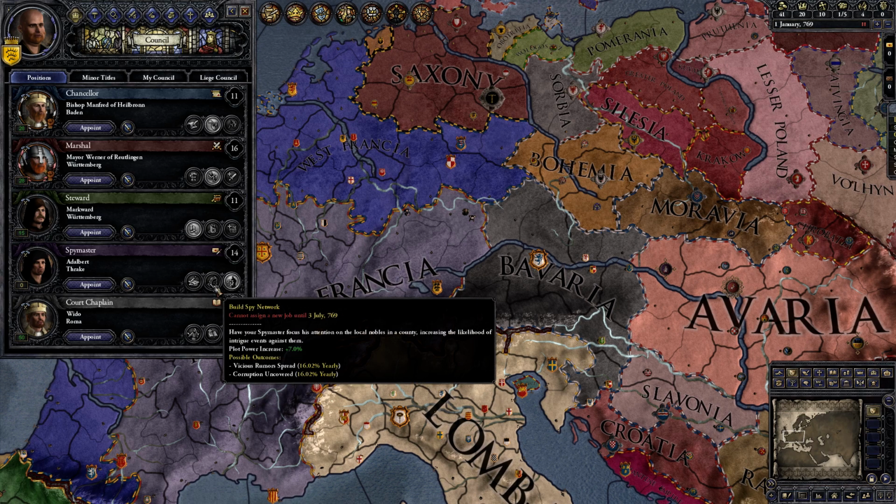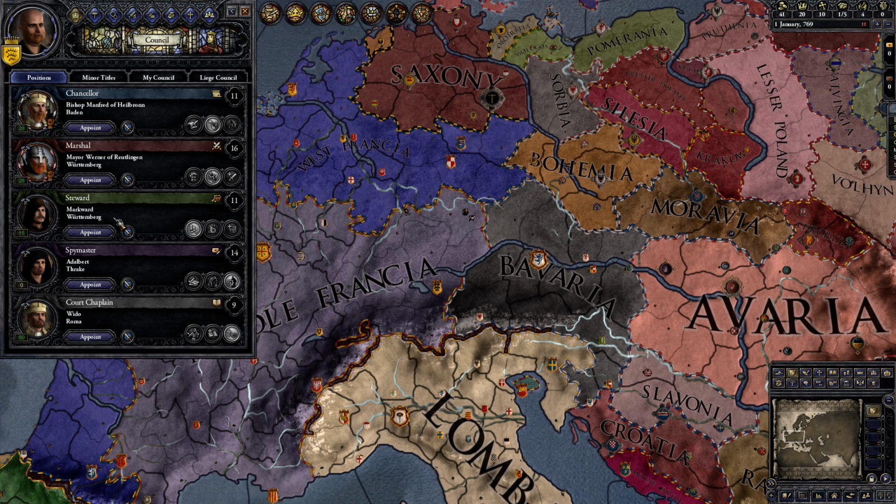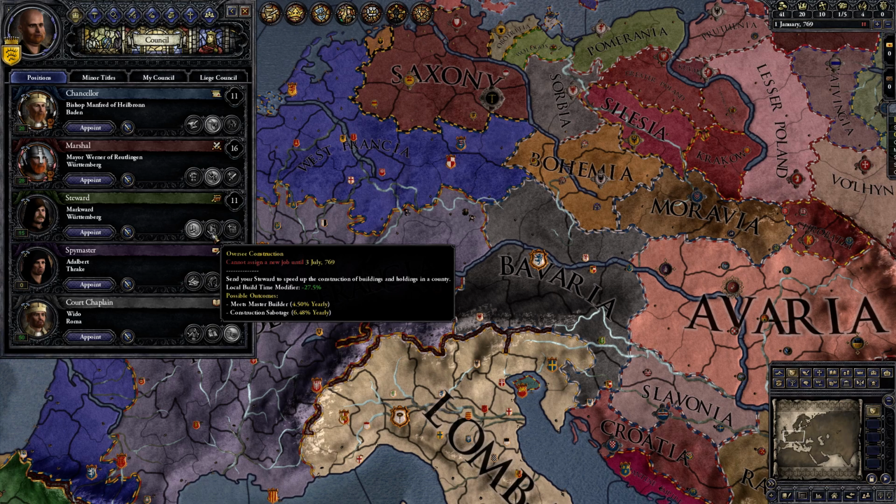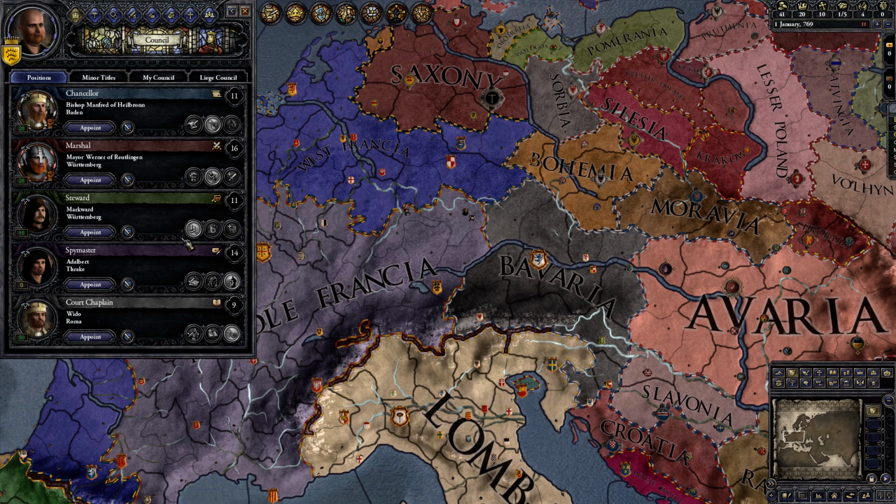Spy network is better when you're a little bit higher up in the hierarchy. Overseeing construction only works if you are going to build something, and you can only build something if you have the money, which in our case we don't.